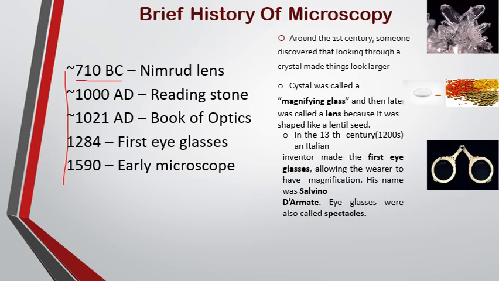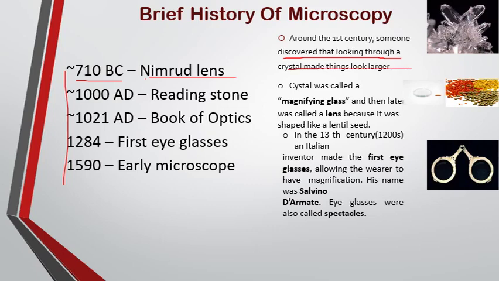710 BC, which we refer to as the Namrud lens. A piece of rock crystal. Someone discovered that looking through a crystal made things look larger.